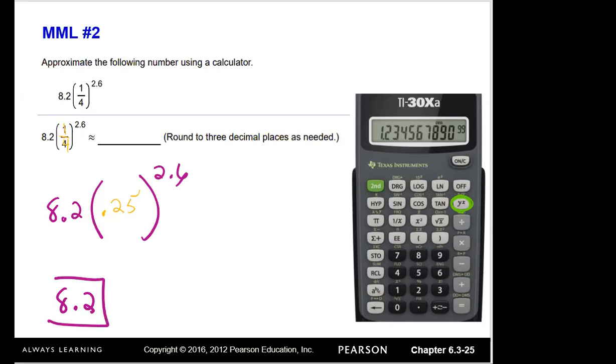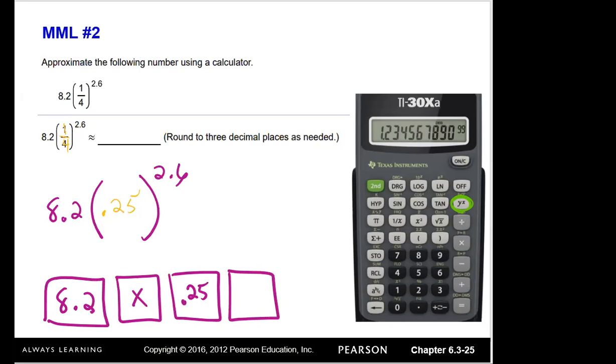So I'd type in 8.2, and then I'd probably just hit the multiplication sign, and then I'd type in 0.25, and then I'm going to hit that y to the x button, and then I'll hit 2.6, and then I'll hit my equal sign. Your calculators are programmed to do order of operations. So if you type it in exactly as you see it, it will do it correctly. It should.